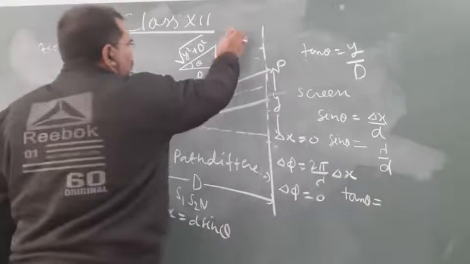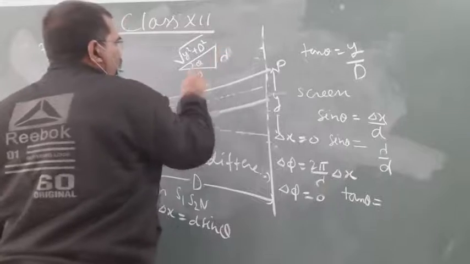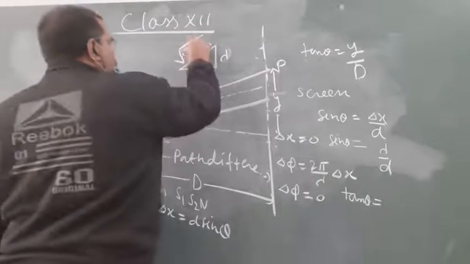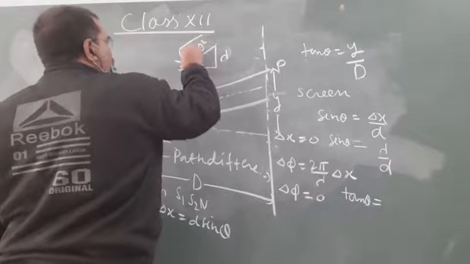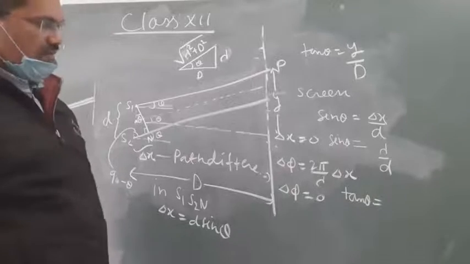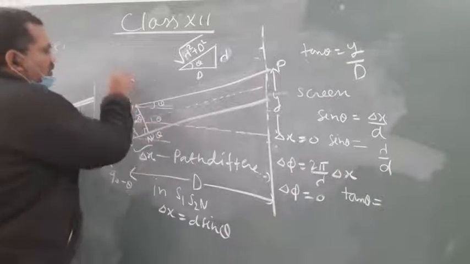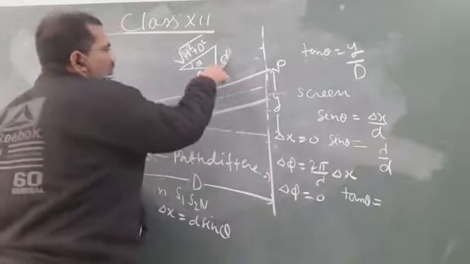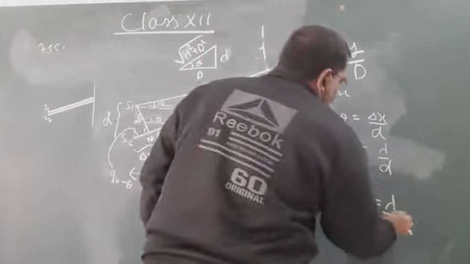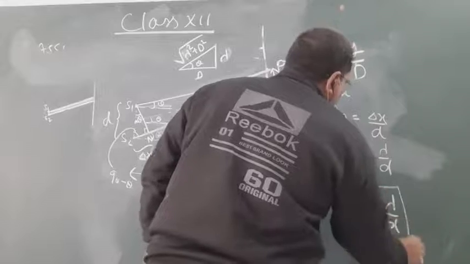So this is lambda, this is d, and so the other side would be the square root of d square minus lambda square. So tan theta will be perpendicular upon base.